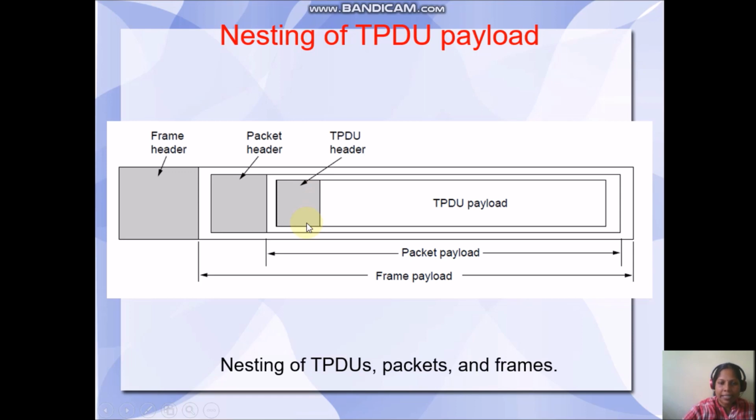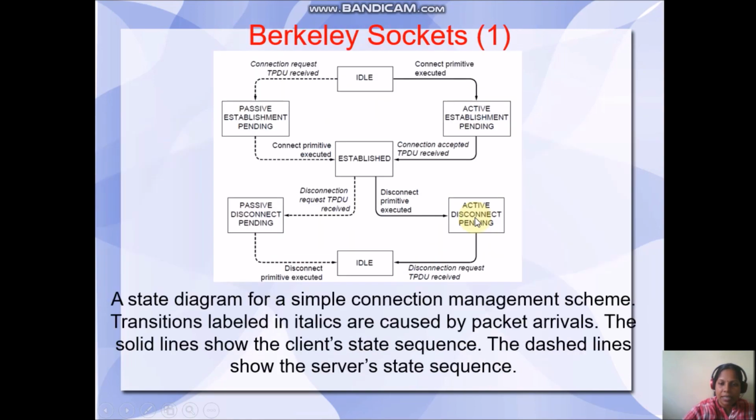When it comes to the network layer, it is packed into a network layer packet, and this is the corresponding network layer header. And coming to the layer below it, the data link layer, it is packed in a frame. Now it has a frame header. So when it comes to the frame, this is the real payload of the frame, and when it comes to a network packet, starting from here is the packet payload.